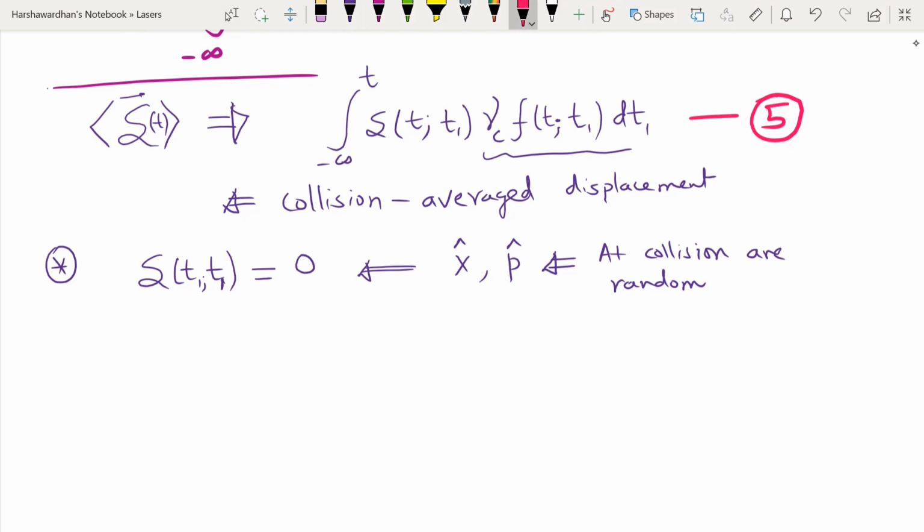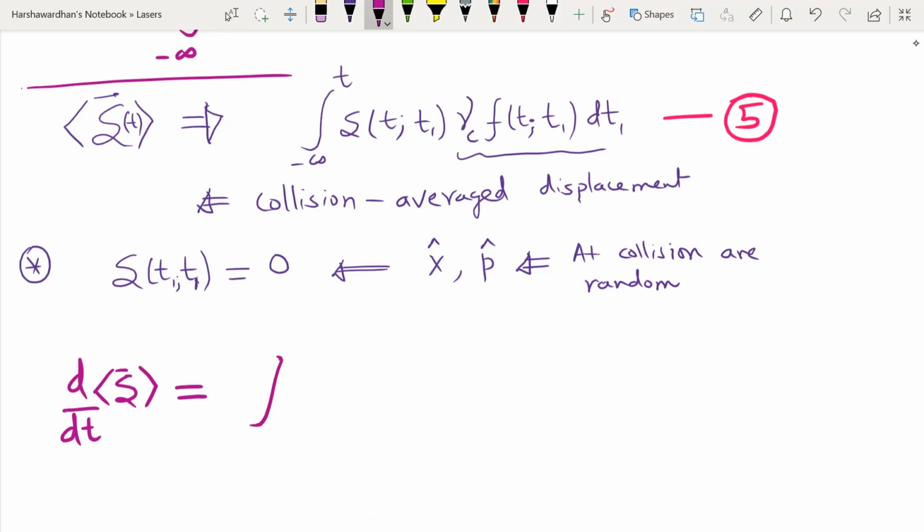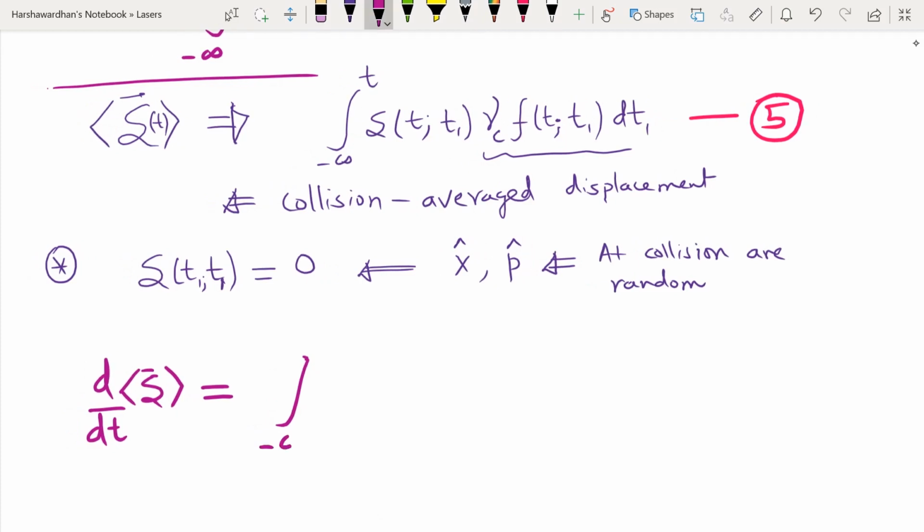So if I'm looking at the time derivative of equation number 5, that is I'm looking at d by dt of S average, then you see that because d by dt has nothing to do with the variable of integration itself, which is t1, I can take it within the integral.